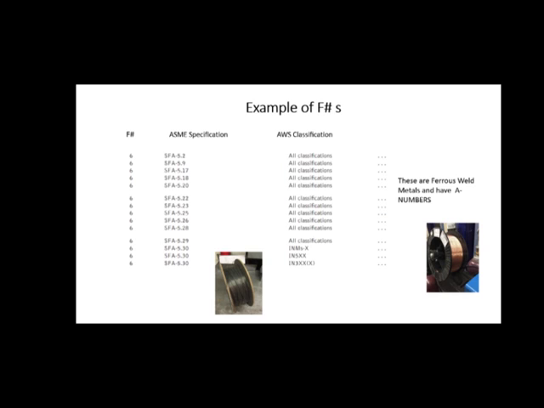Here's an example of some F number 6s. Once again, threw in some pictures to give you an idea of what we got going on. So you can see the picture on the right, the copper colored picture. That's an F6. That's an ER70S6. It's an F6 material. So we'd have to check out the A number on it because it's a carbon steel.